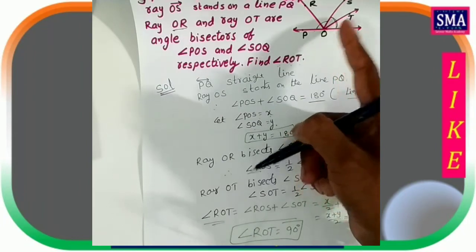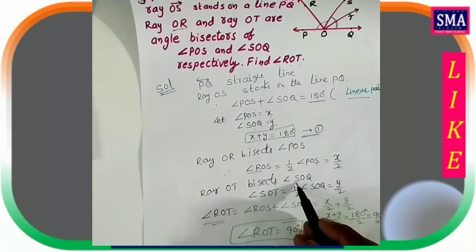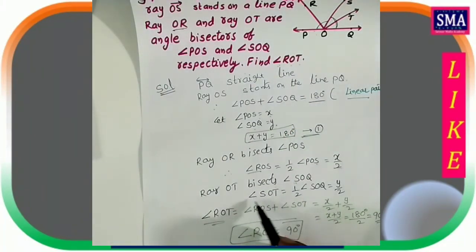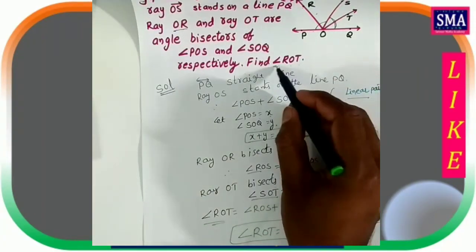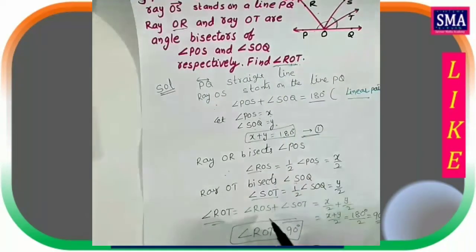Similarly, OT bisects SOQ. Then angle SOT equal to Y by 2. Here, we find ROT equal to ROS plus SOT. Therefore, X by 2 plus Y by 2 is equal to (X plus Y) by 2, equal to 180 degrees by 2, equal to 90 degrees.